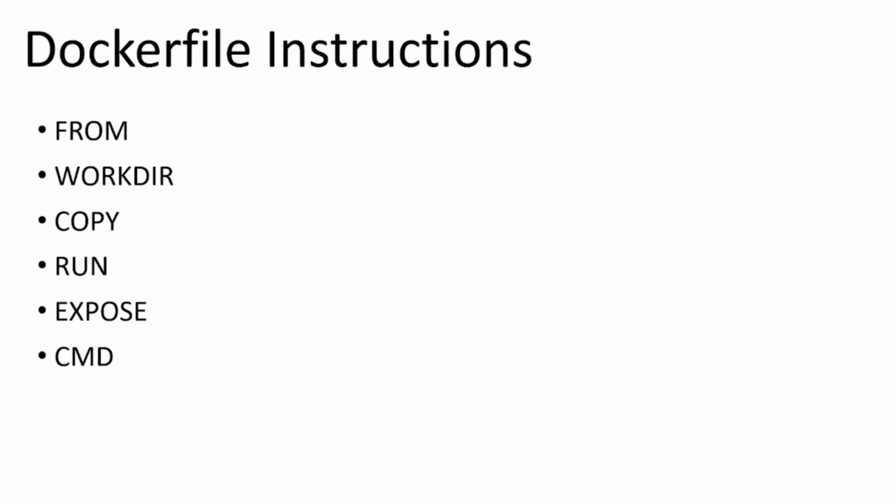Now it's very hard for someone to understand what these instructions stand for. So what I will try to demo is how to build a web application using a container.